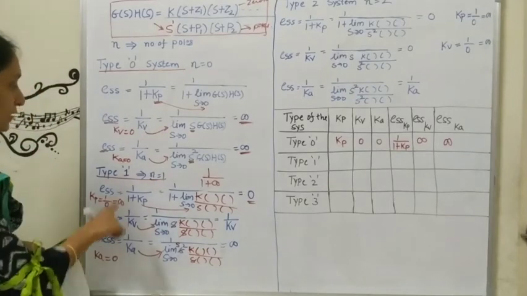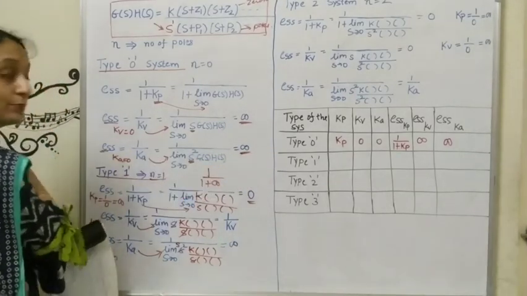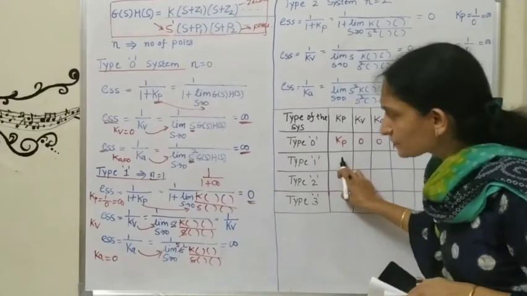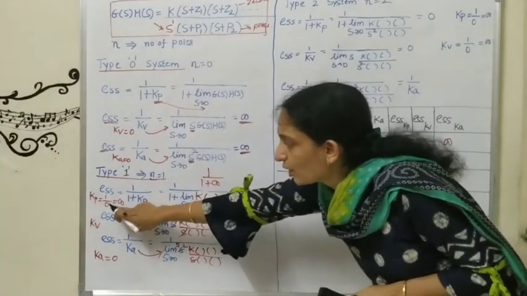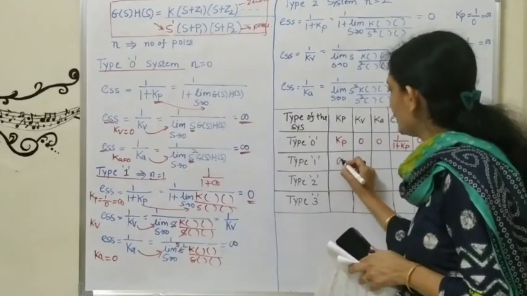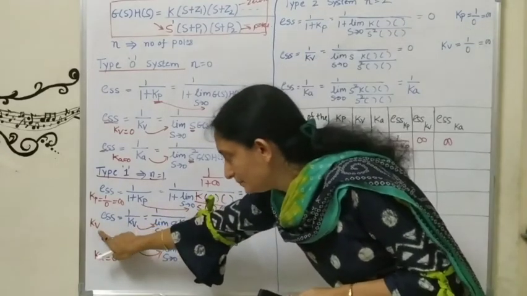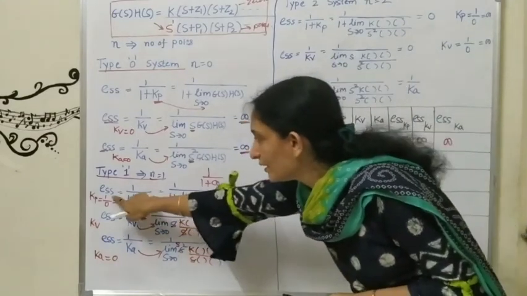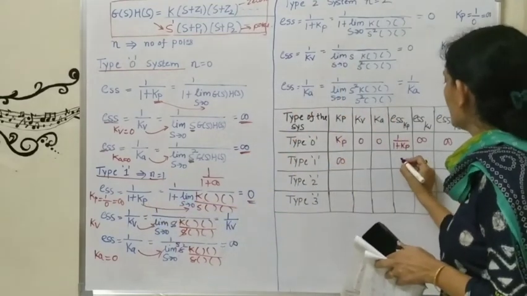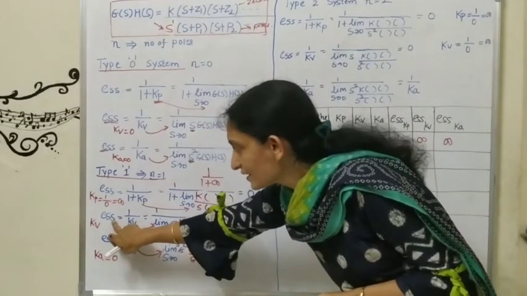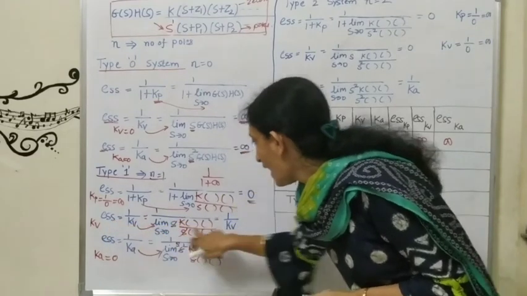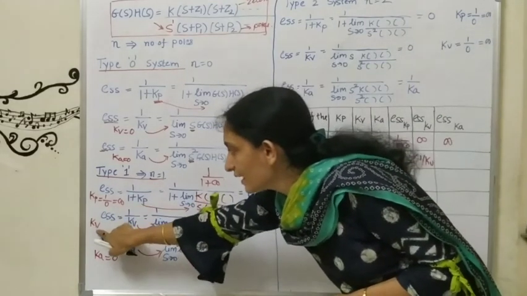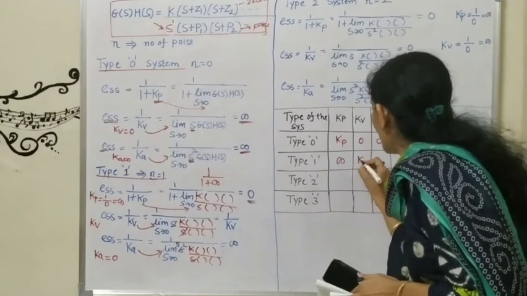Now I will put all the values in the table for the type 1 system. Here, for type 1, the value of Kp I got as infinity. I will put directly first the ESS because of Kp, which is 0. Then ESS because of Kv is 1 by Kv, where I am getting a constant value, so I write Kv as a constant value.